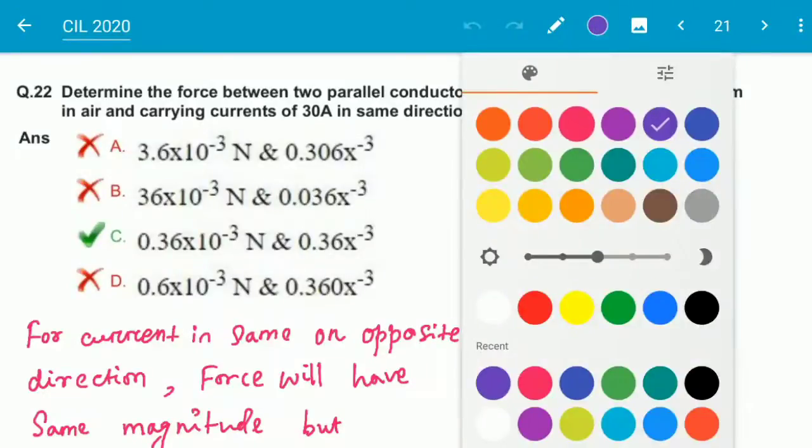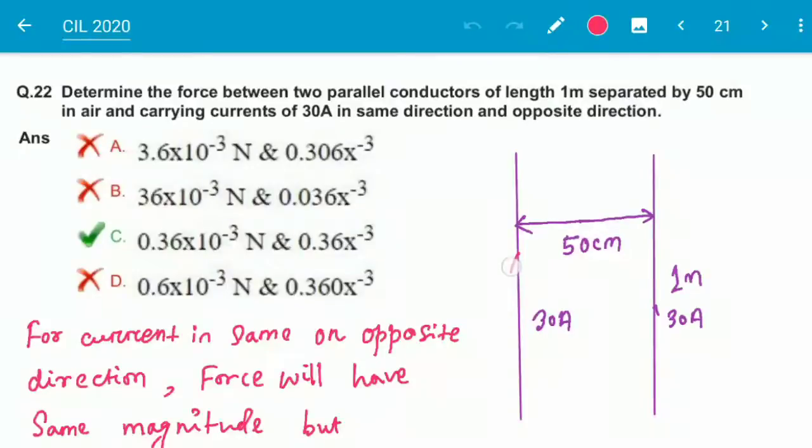Suppose current is flowing in the same direction, then the force will be F, and if current is flowing in the opposite direction, then the force magnitude will also be F, but in the opposite direction.